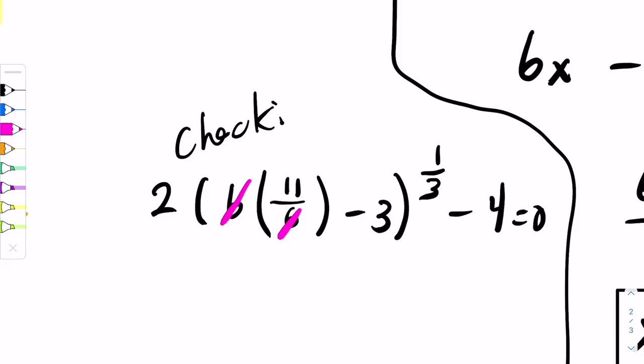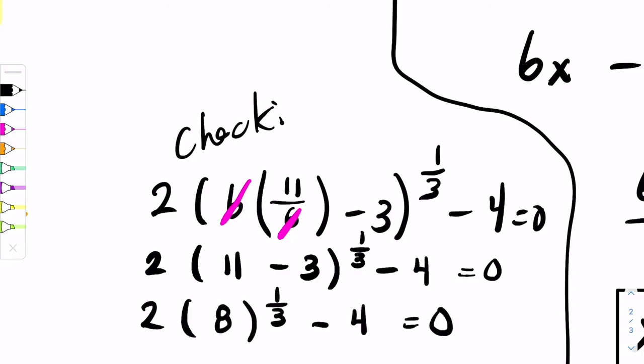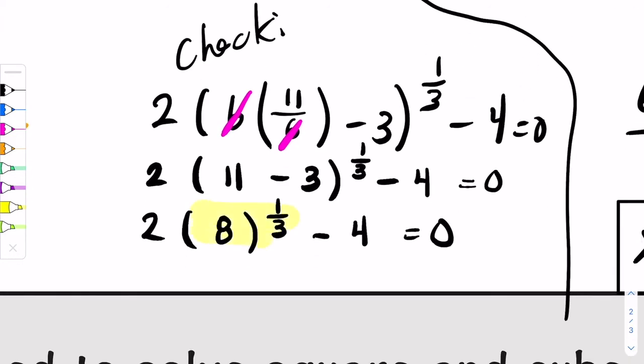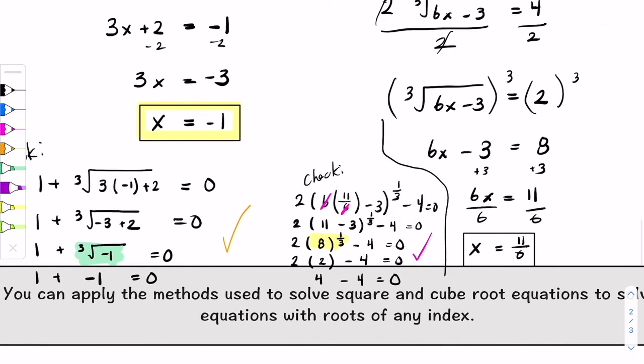You can cancel the numerator and the denominator, and that leaves you with just 11. So 2 times (11 minus 3) raised to the power of 1/3 minus 4 equals 0. 2 times 8 raised to the power of 1/3 minus 4 equals 0. 8 to the power of 1/3 is the same thing as the cube root of 8, and the cube root of 8 is 2. 2 times 2 minus 4 equals 0. 4 minus 4 equals 0. That is correct. So this is your answer.